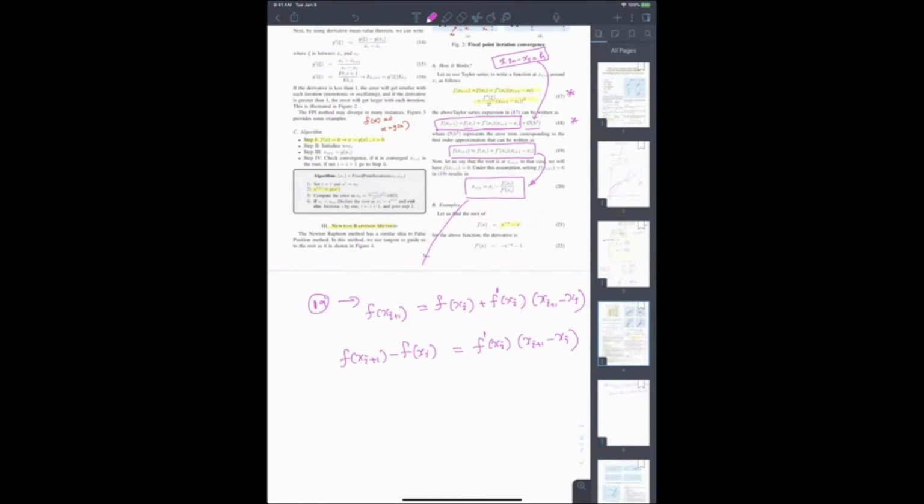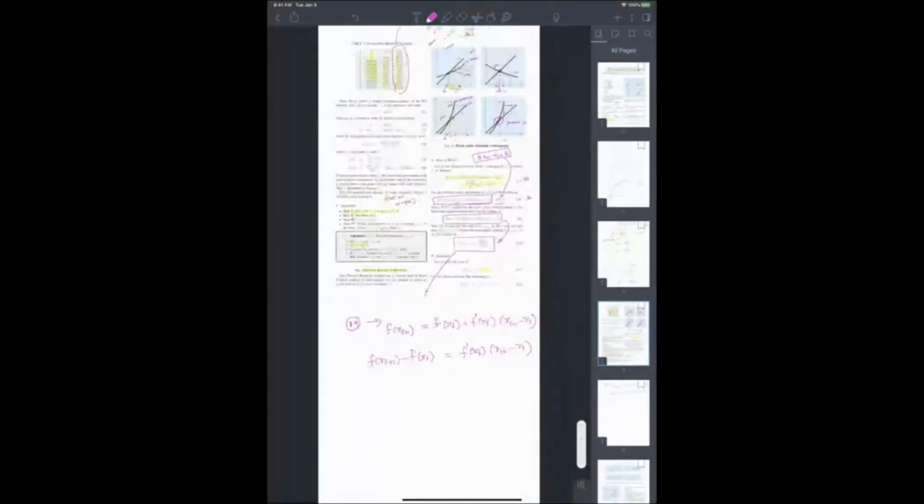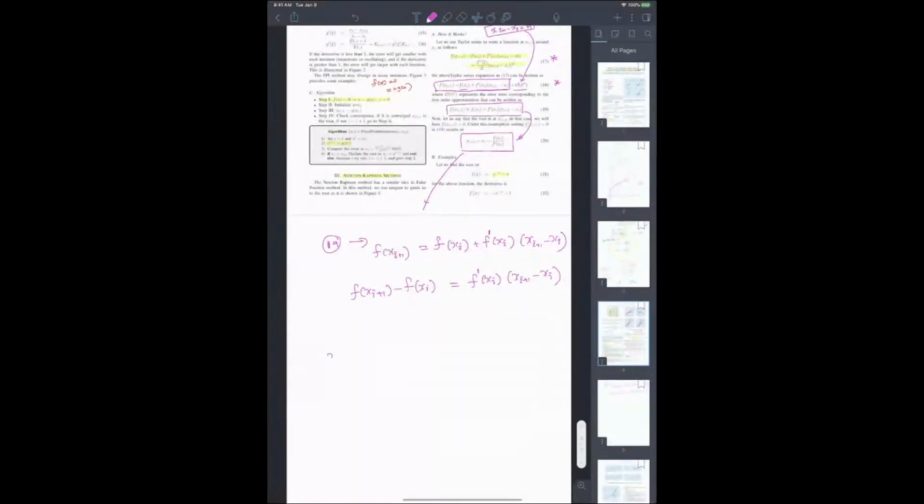So x_{i+1} - x_i is going to be (f(x_{i+1}) - f(x_i)) over f'(x_i).